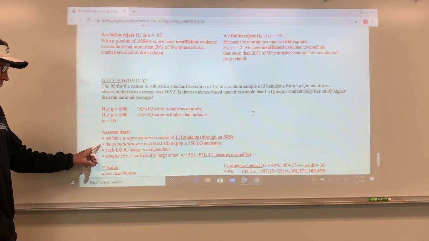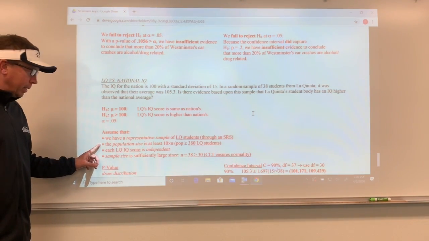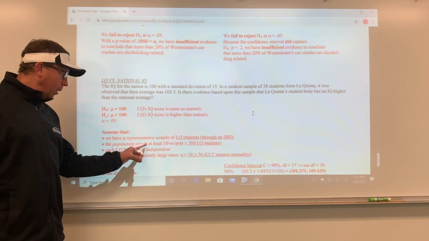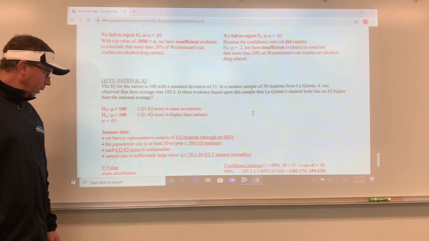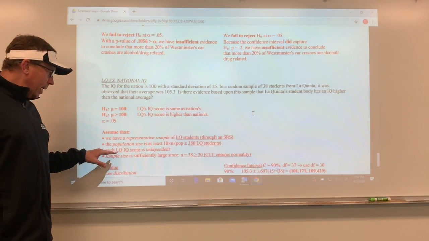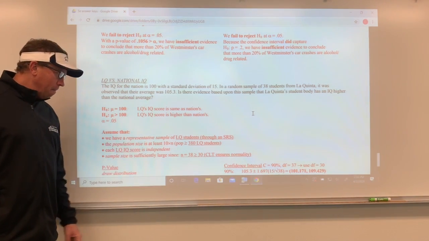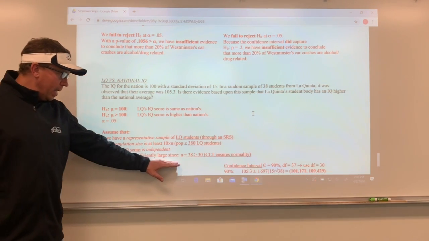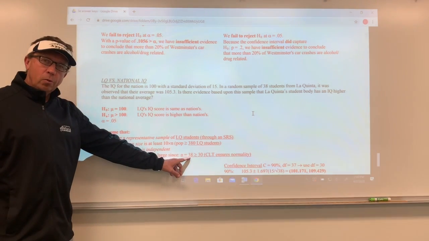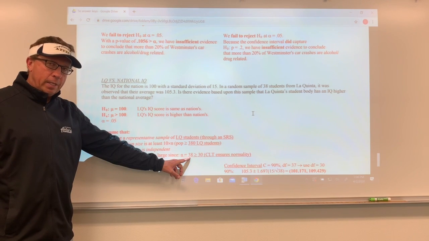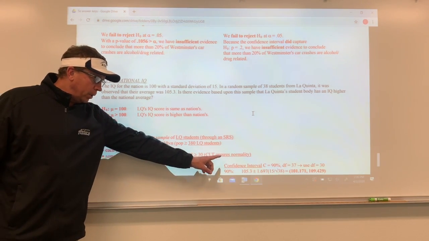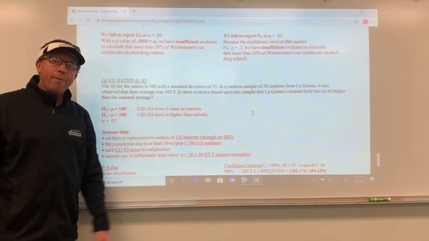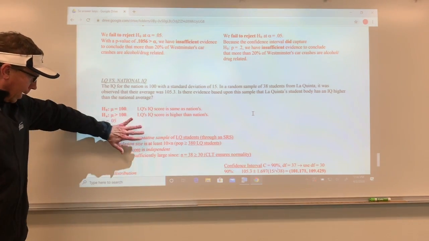P, we're assuming we didn't sample more than 10% of the population, meaning the population is at least 380 La Quinta students. I, each LQ score is independent, and then the N. Do we have enough samples to assume normality via the central limit theorem? Yes, we do. The central limit theorem ensures normality because we have more than 30 samples. Okay, so we're set up.